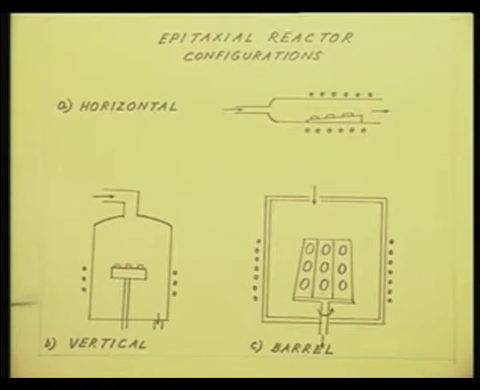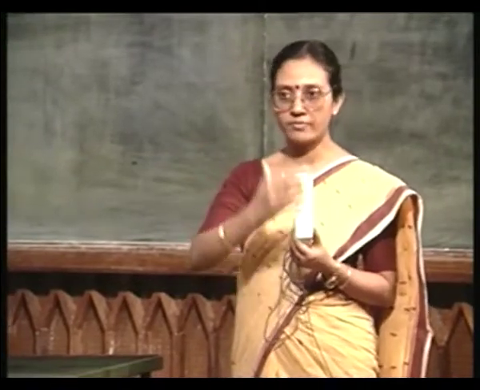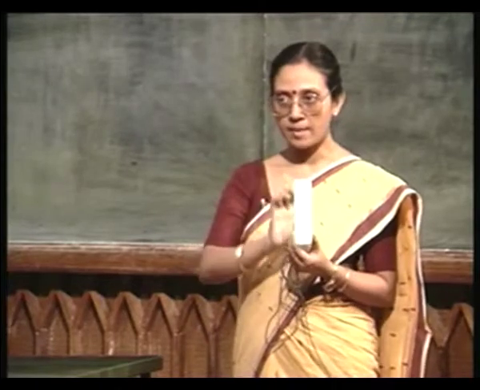The barrel shaped reactor is actually a horizontal type of reactor, because the flow of the gas is parallel to the semiconductor surface. You can assume that this is the barrel, that is, this is the sample holder, and along its surface samples are placed like this.